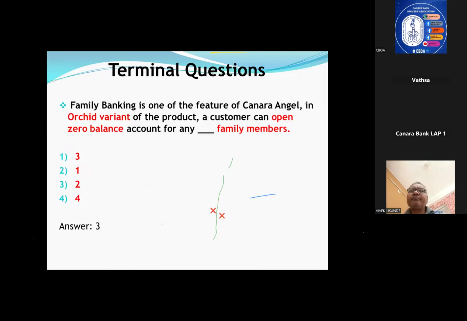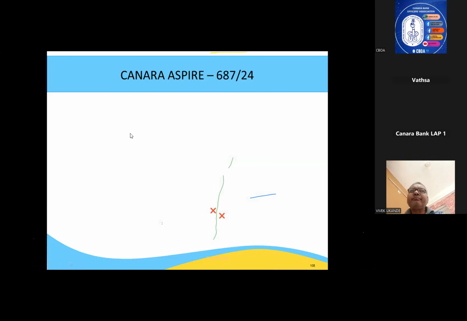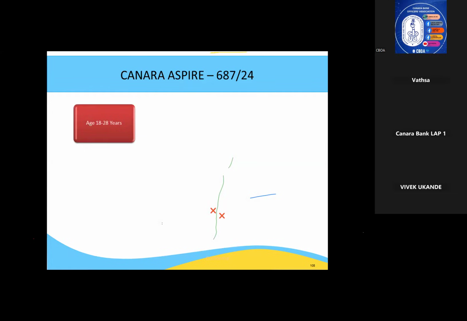Okay, family members. Okay, then sir, another one. For Canara Aspire, it is 17 to 28 years. Students can open this account. Two variants are there: one is maintaining a balance of 5,000, another one maintaining a balance of 25,000.